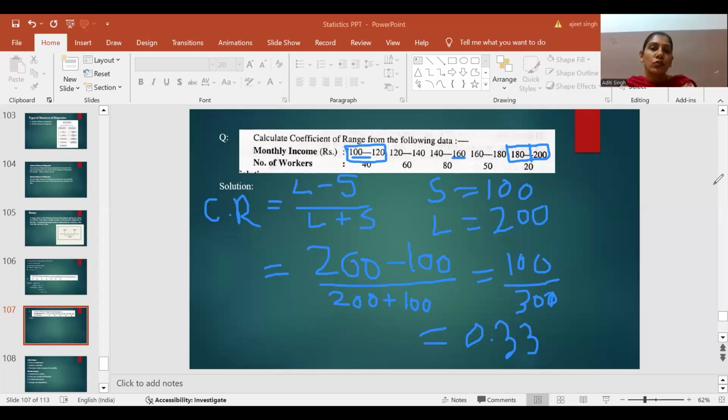Likewise, range is also used in educational assessment to understand the variation in marks and scores of students in various competitive exams. It is also helpful in clinical trials and medical research.